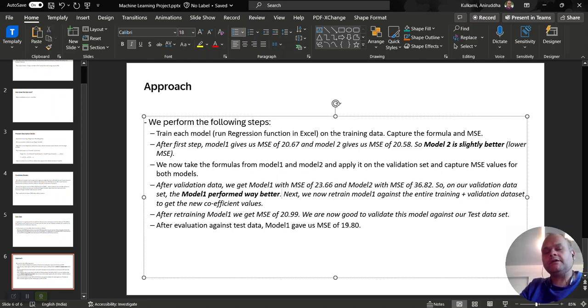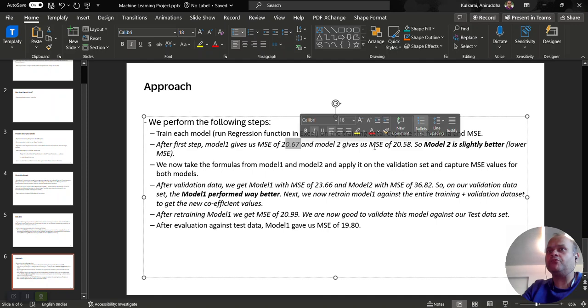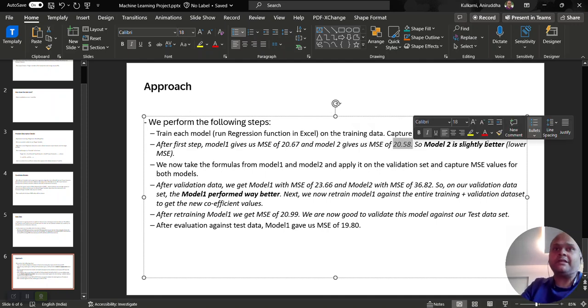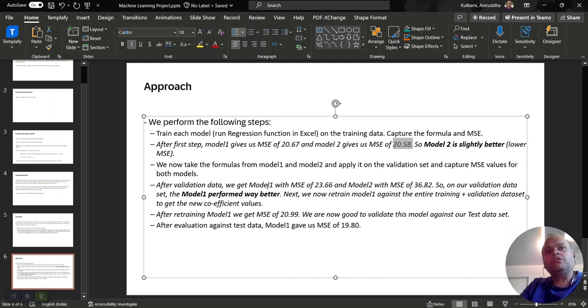So the conclusion here is then, at step 1, the mean squared error of both the models were fairly close together, like 20.67 versus 20.58, although model 2 was slightly better. But over the validation data now, model 1 is way better than model 2.